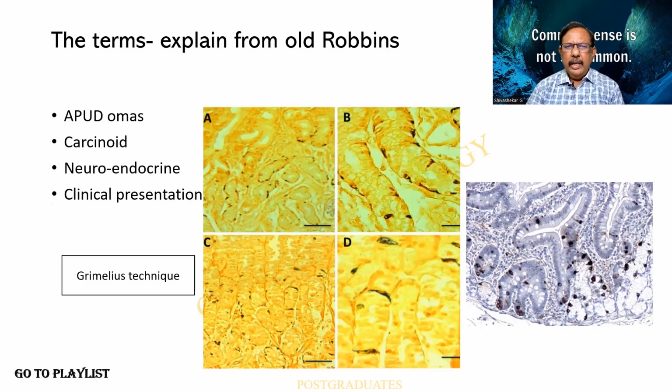These are now slowly out of vogue, and the term neuroendocrine has crept into practice. I do not know how long it will stay, but for the time being, it will be better that we merge the old with the modern in an imperceptible manner. More important will be the clinical presentation.